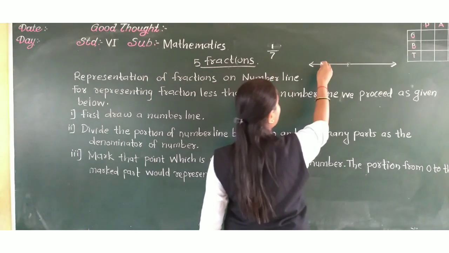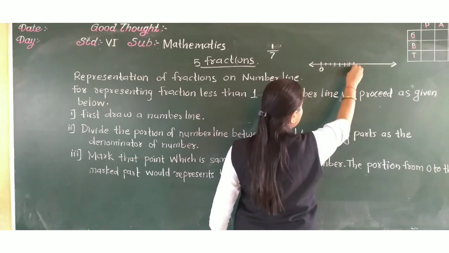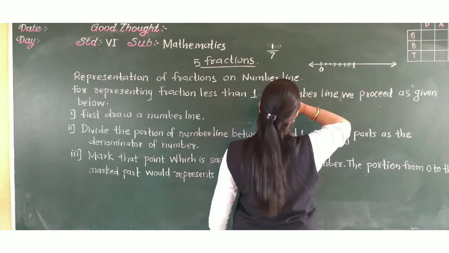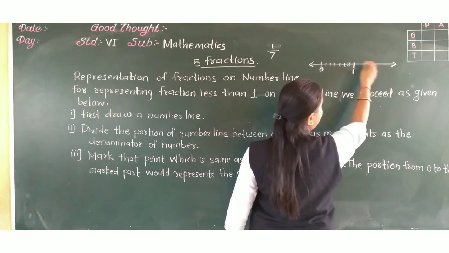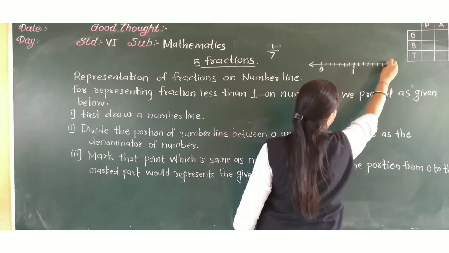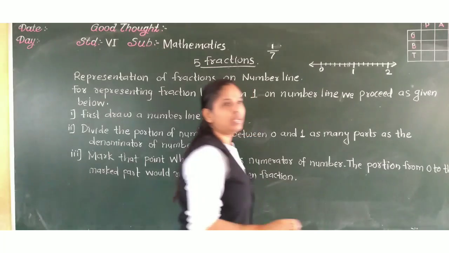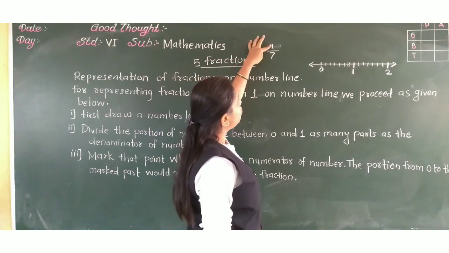Now see, here 7. So 1, 2, 3, 4, 5, 6, 7. Right? So here 1 will be there. Then between 1 and 2 again how many parts? 1, 2, 3, 4, 5, 6, 7. Here 2. Like that.